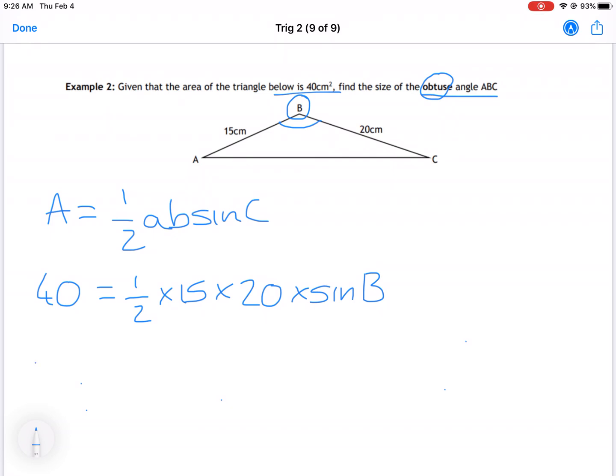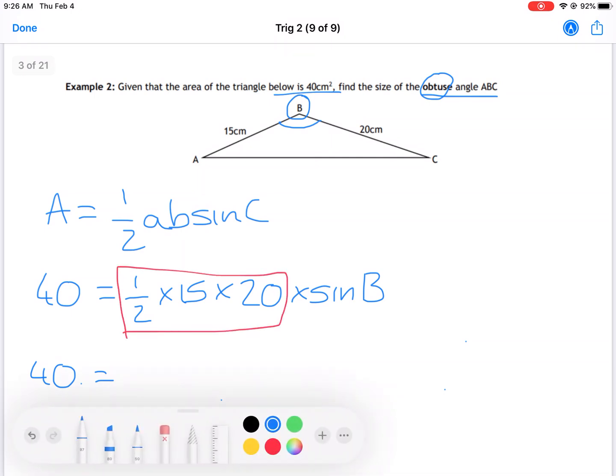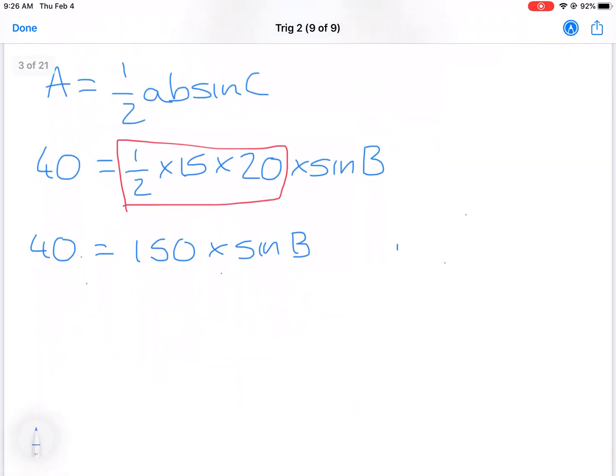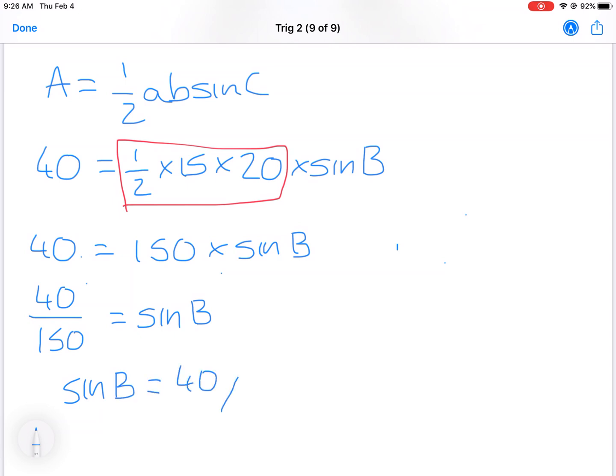So when we first of all do the calculations on this set of numbers here, a half times 15 times 200, pop that in the calculator, we will get 150 times sine B, and if we rearrange that, then we will get 40 over 150 equals sine B. I'm going to flip the sides here just so I have the thing I'm trying to find on the left hand side.